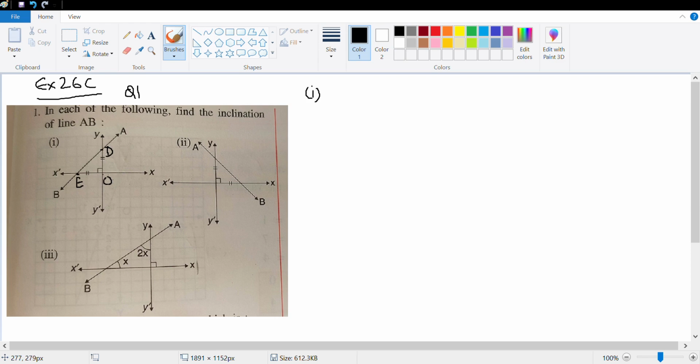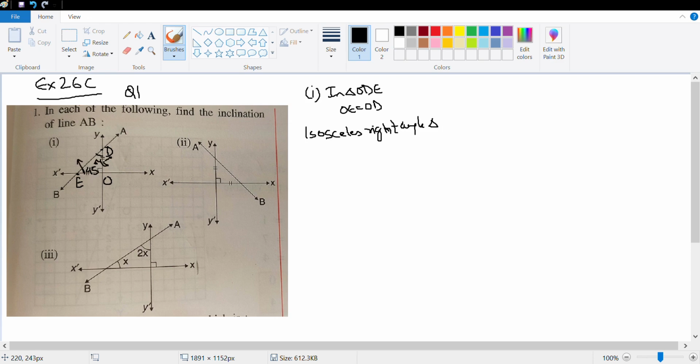Now in triangle ODE, OE is given equal to OD, and this angle is 90 degrees. So what kind of a triangle is this? This is an isosceles right angle triangle. So what will be the measure of these two angles? Yes, this angle will be 45 degrees each.